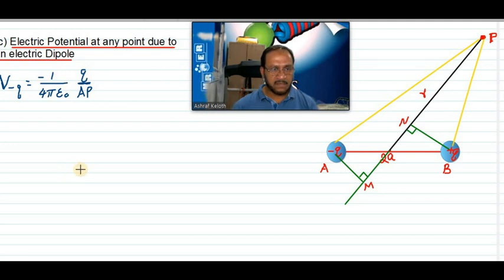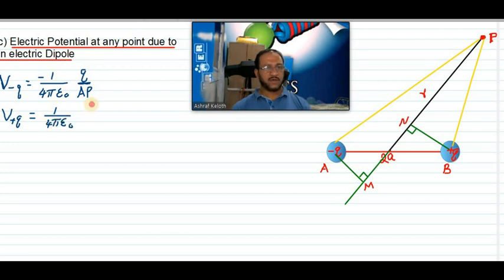And the same way, the potential at the point P due to this plus q charge, which is placed at B, that is V due to plus q charge. Potential due to plus q charge is equal to plus 1 by 4 pi epsilon naught, because it is a positive charge, and q divided by what? BP, q by BP.